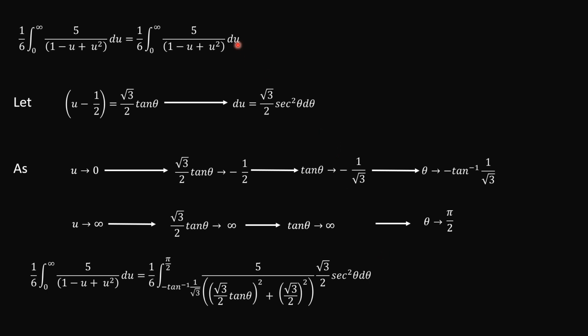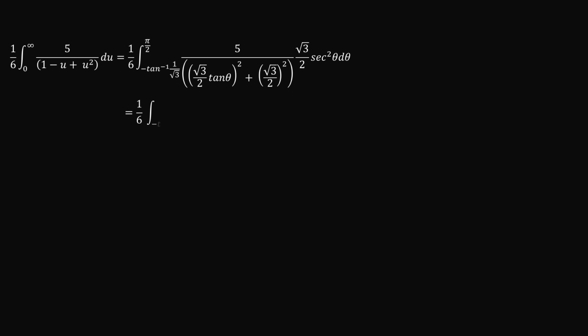Now we've done this because this polynomial can be expressed as u minus a half squared plus 3 over 4, and we would like to express it in the squared form so that we could factor it out easily.